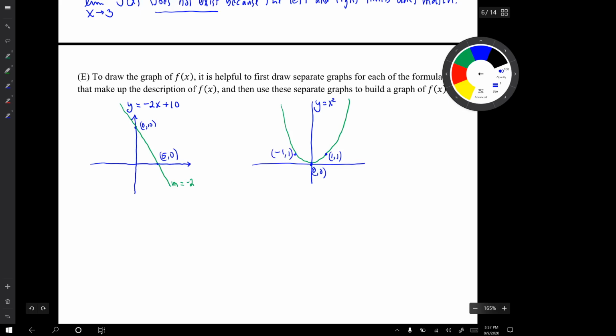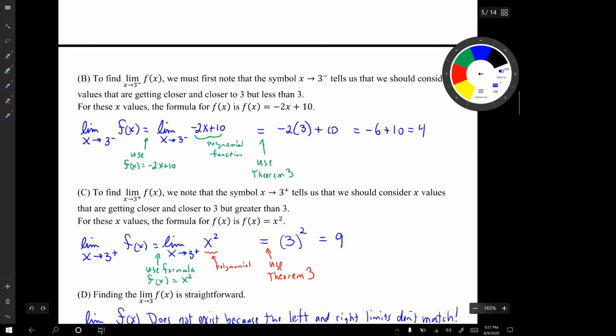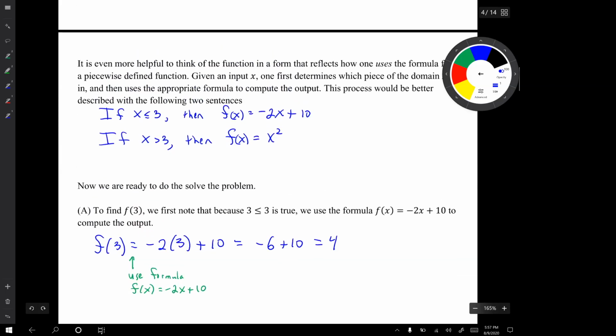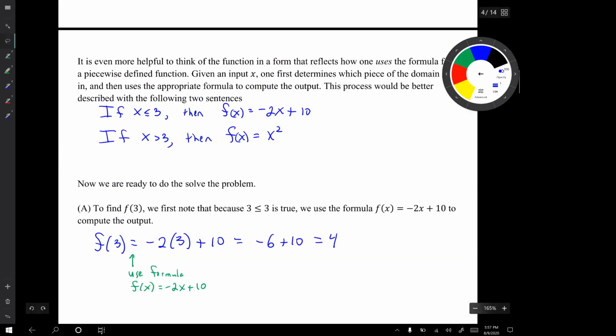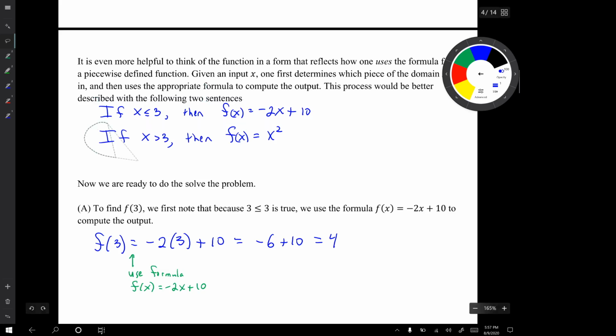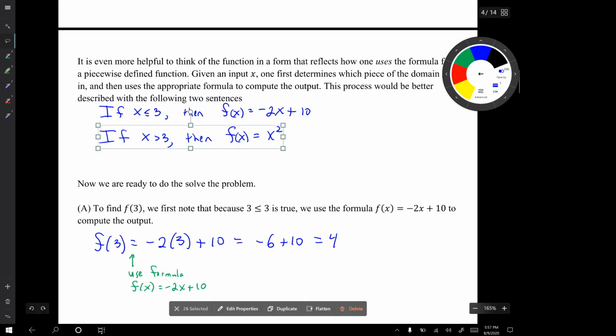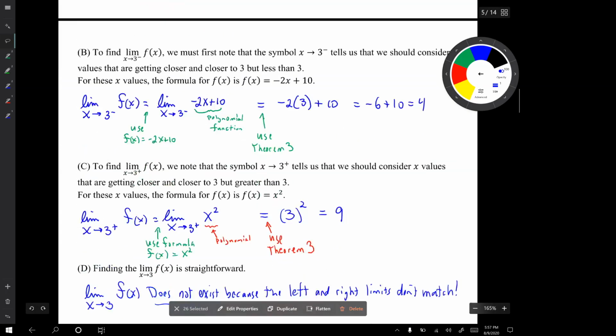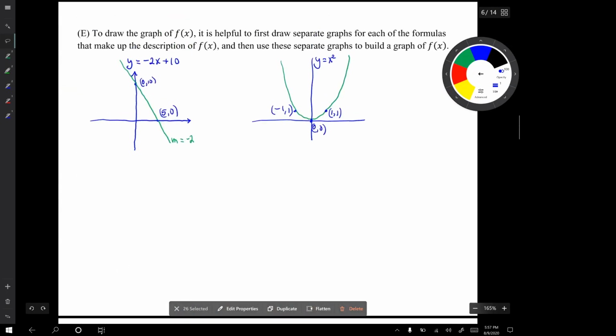Now, what are we supposed to do with these things? Well, remember the description of the function f of x is that for x's to the left of the number 3, we use the straight line formula to build the graph of f, and when x is greater than 3, we use the parabola formula to build the graph of f. So it will be useful for us to know what happens on these graphs when x equals 3.